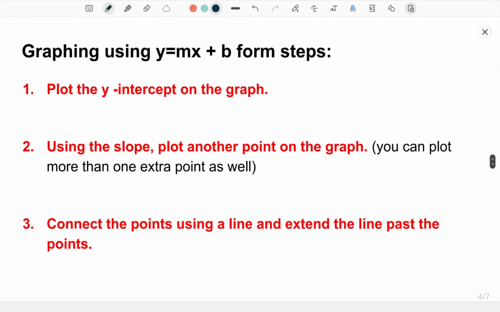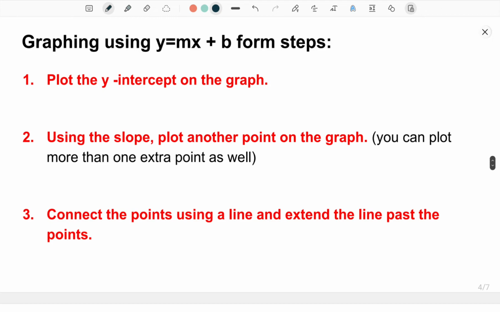So the general technique that we can use is we can actually graph something in this particular form, so in y equals mx plus b form, by first of all using the y-intercept, so the b value, and plotting that onto our graph.